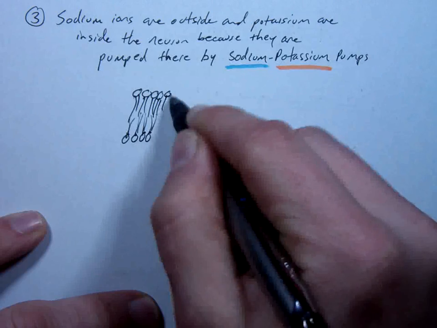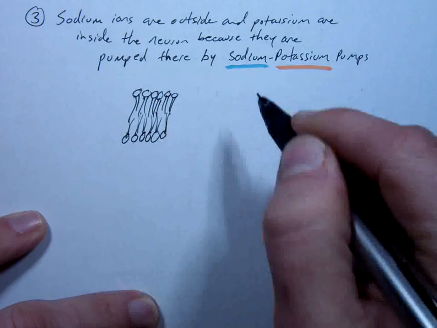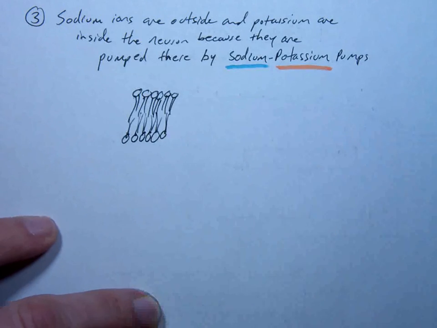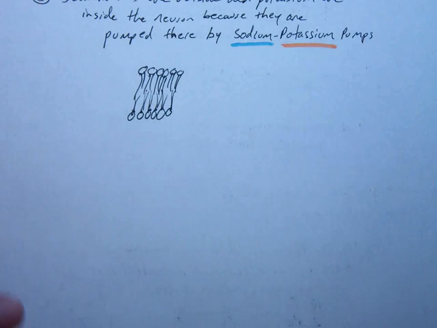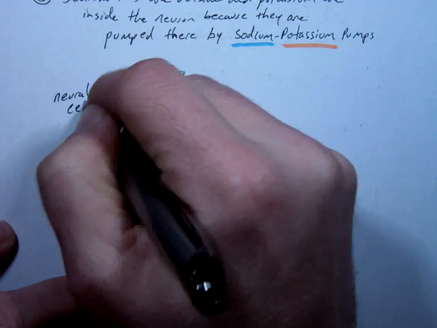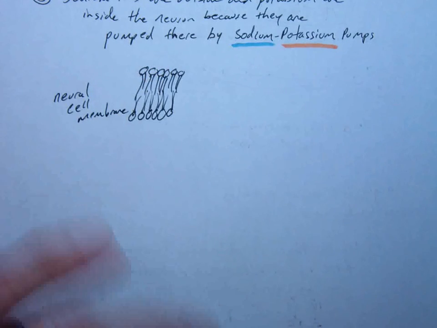Now, if you recall back to biology, what we've got here in the membrane is two layers going back to back, yeah. Phospholipid bilayer. Okay. But within the phospholipid bilayer, which is what most of the cell membrane is made of, let's label this neural cell membrane. That's the neural cell membrane. Like every other cell membrane, it's mostly phospholipids.